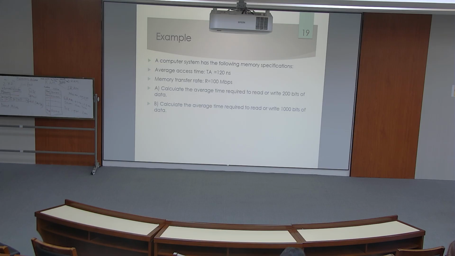So we have Tn equals Ta, which is 120 nanoseconds, the average access time. We have the n bits, which is 200, and the transfer rate, which is 100 megabits per second.